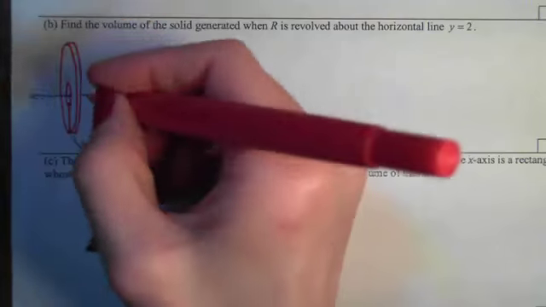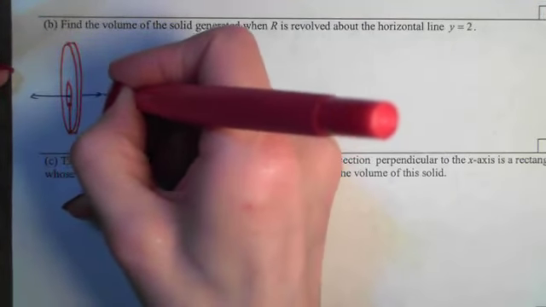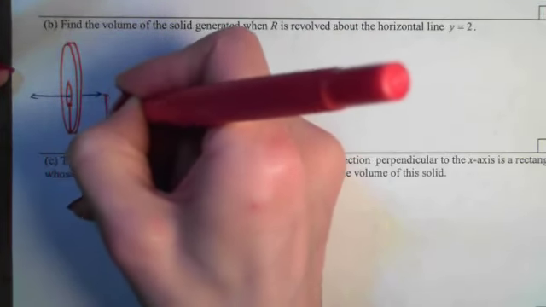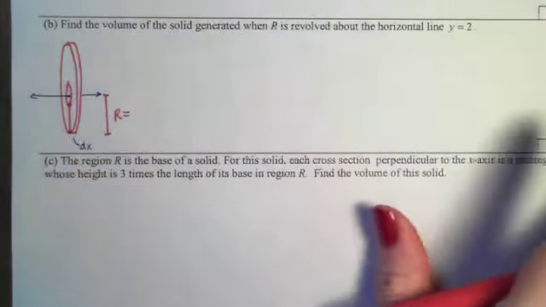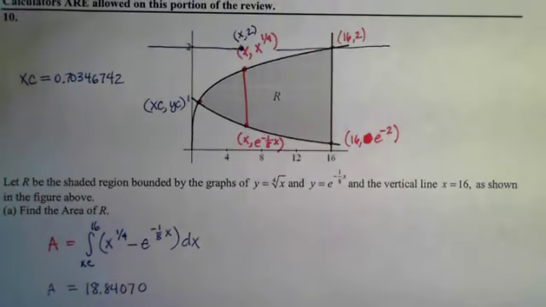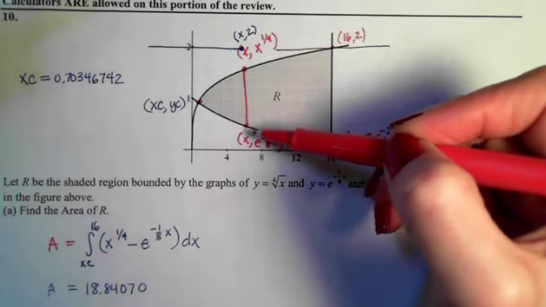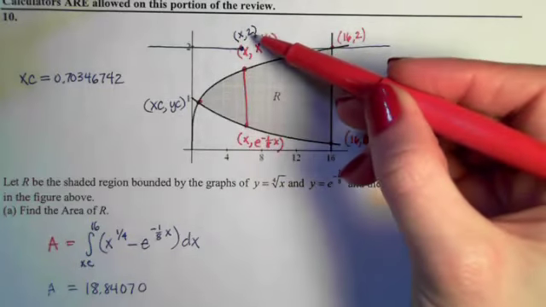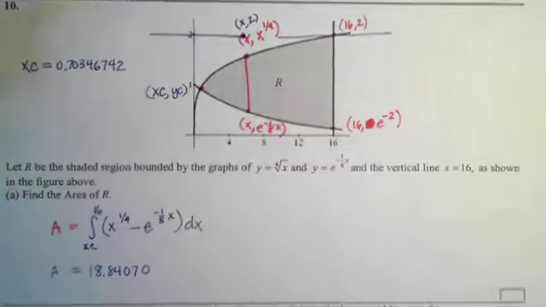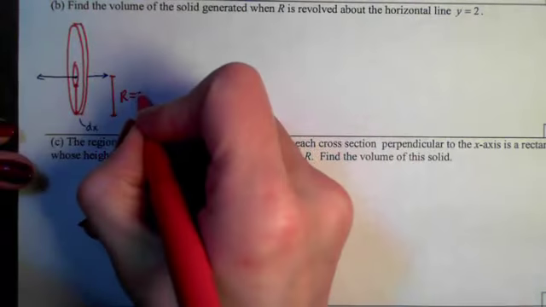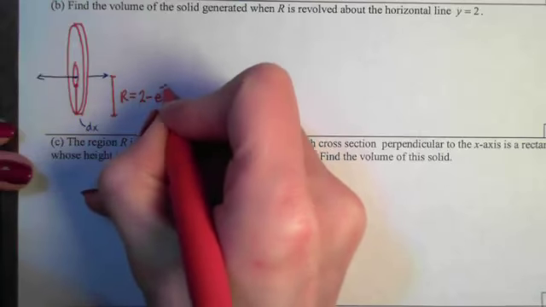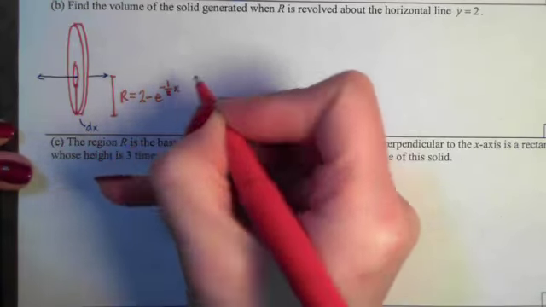So the big radius is going to be from the axis all the way to the edge. So looking up at this graph here, it's going to be the top blue y coordinate minus the bottom red y coordinate. So it'll be a 2 minus that exponential. So my big radius is 2 minus that e to the negative 1/8 x.